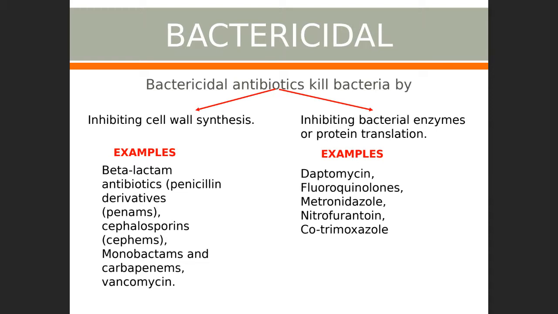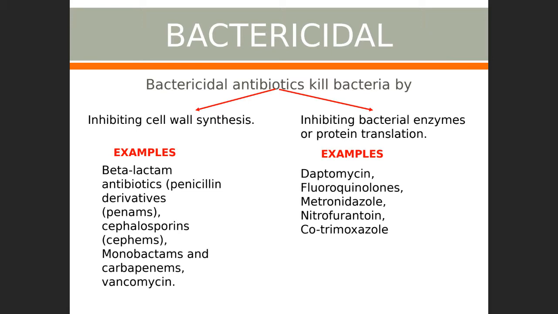So these antibiotics attack the cell wall or cell membrane of the bacteria and rupture it. All the contents which are present inside the bacteria diffuse out, ultimately leading to cell death. So this is how the bactericidal antibiotics are killing the bacteria.